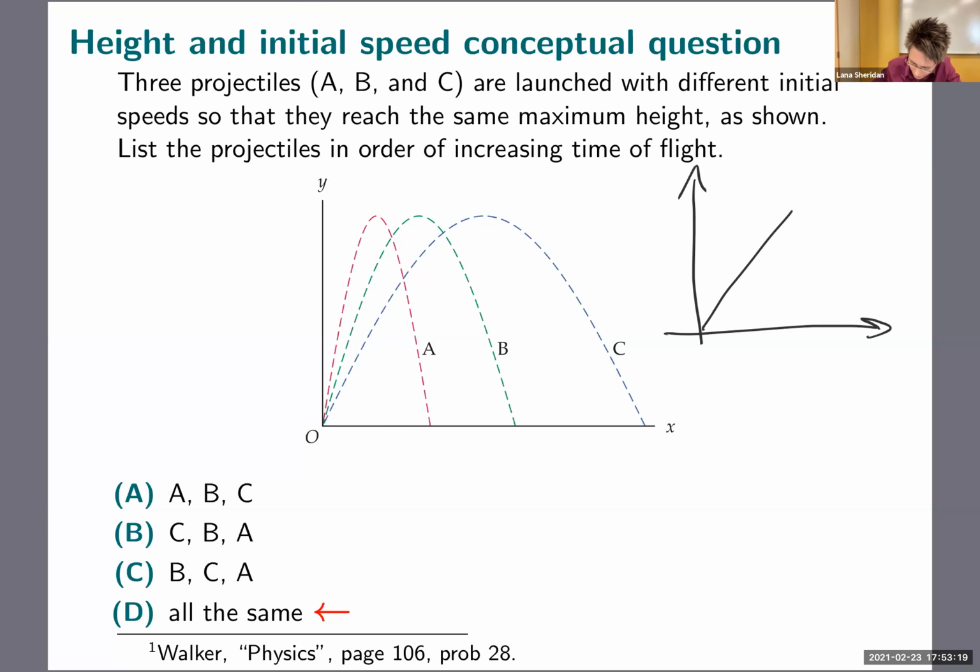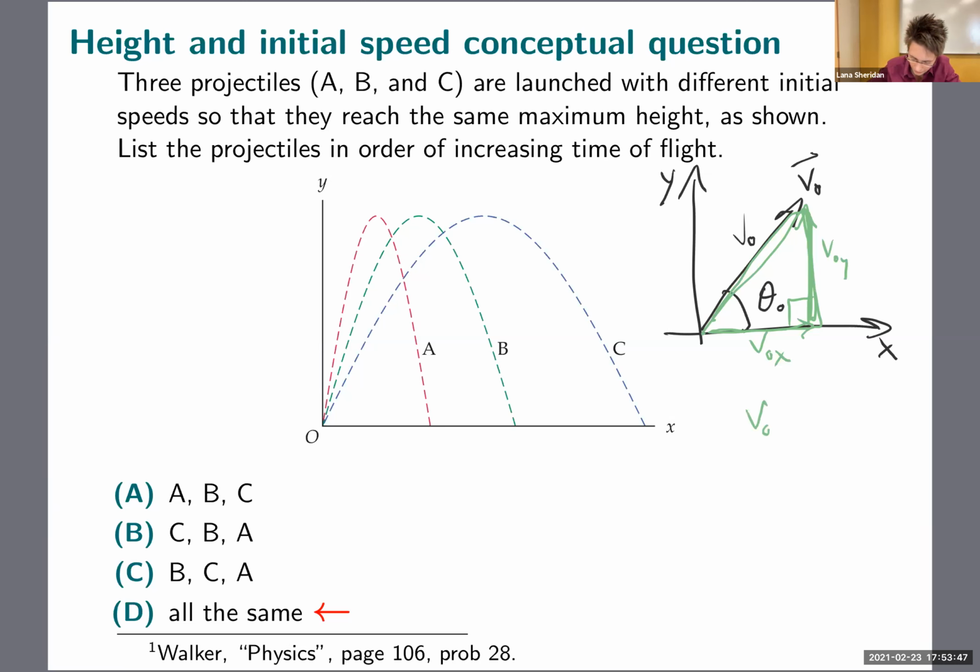Anytime I have a launch velocity vector like this, v0 at angle theta, the magnitude of this is v0, that's the length of it. I always can draw this triangle. And this is going to be the y component, v0y, and this is going to be the x component, v0x. v0y is the opposite side.